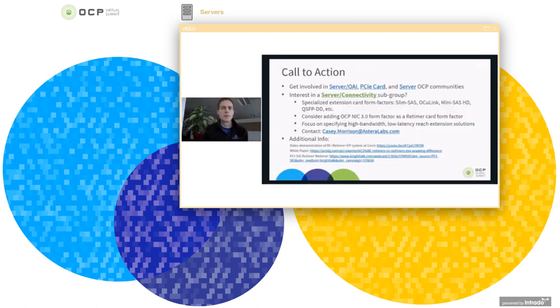So what we would like to call for in terms of action is, of course, we want to encourage participation in the OAI, PCIe card, and server communities.